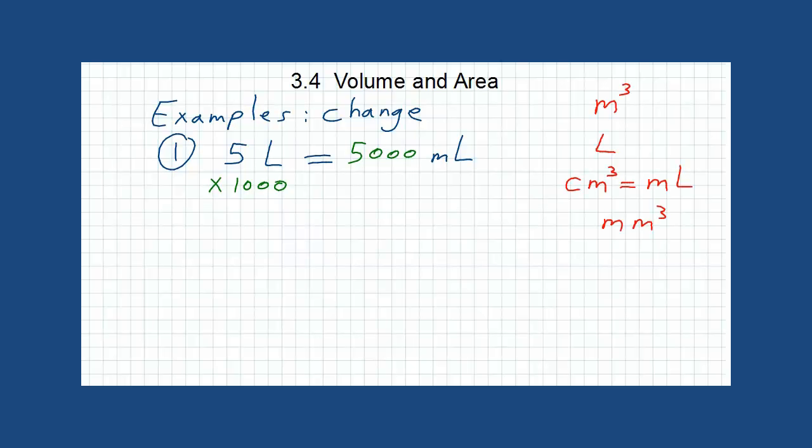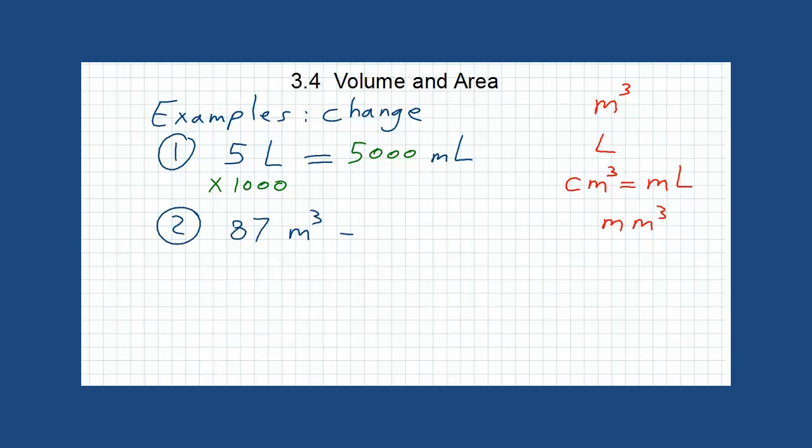Remember the table with me. Meter cube, liters, centimeter cube equal to milliliter, and finally millimeter cube. And every step is by 1000 to multiply or divide.